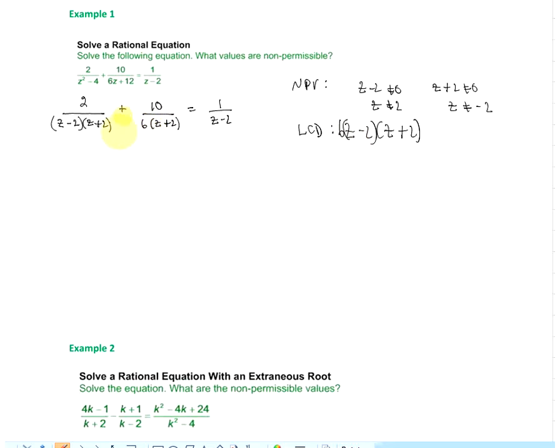All right, so now what we're going to do is we're going to take each part of this equation and we're going to times it by our LCD.